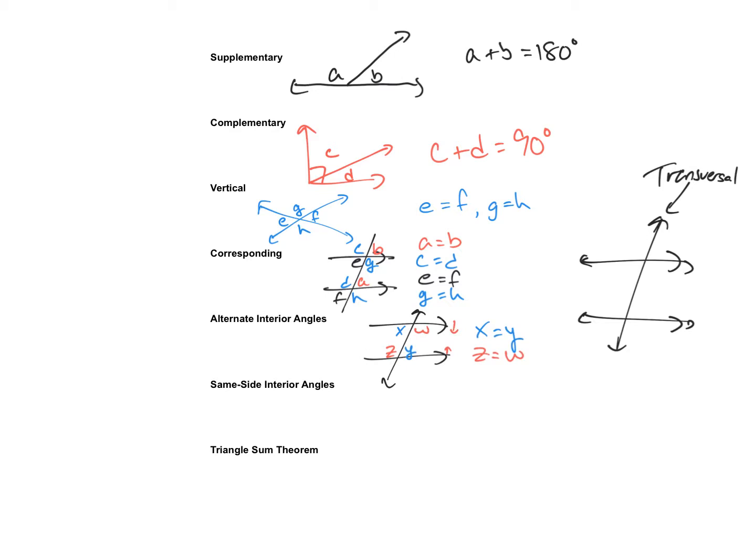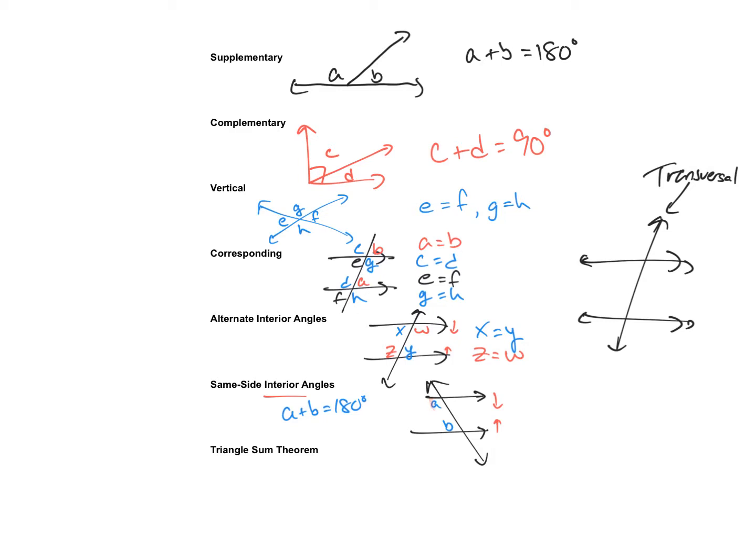For same side interior angles, we still have the parallel lines, and I'm still interior, which means I'm still in between my parallel lines. But this time, they're on the same side. Again, a brilliant name. So we have angle A and angle B. Angle A plus angle B is going to equal 180 degrees, and it might be nice to show that.